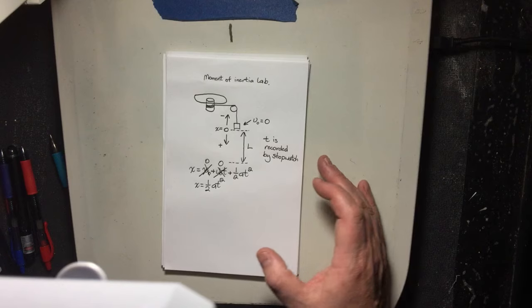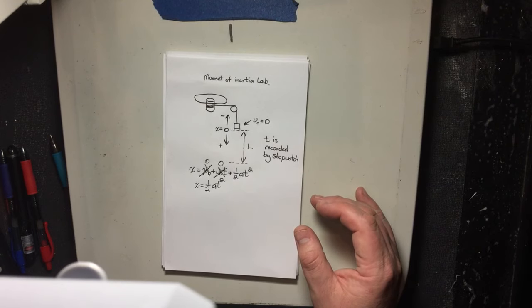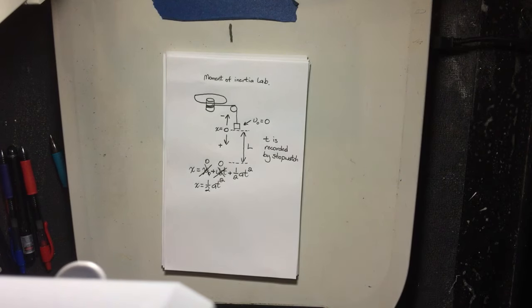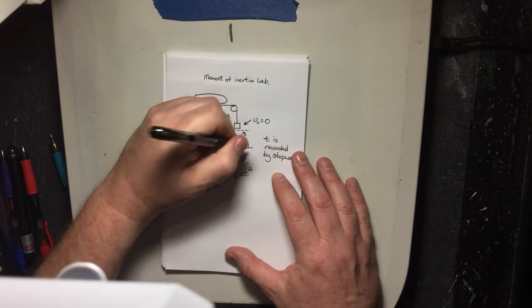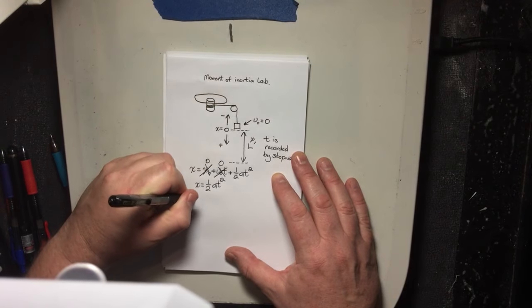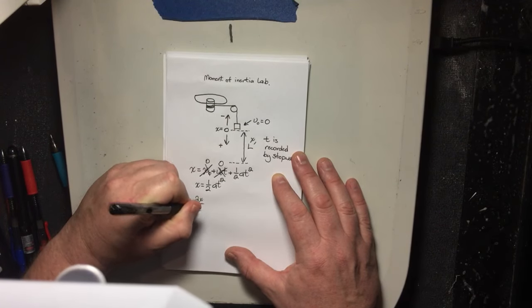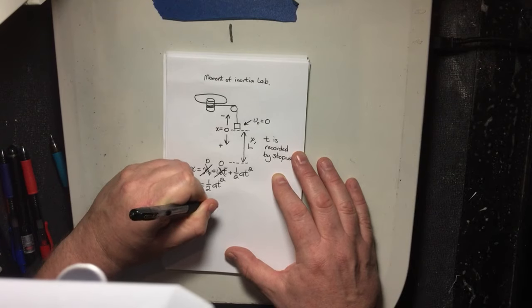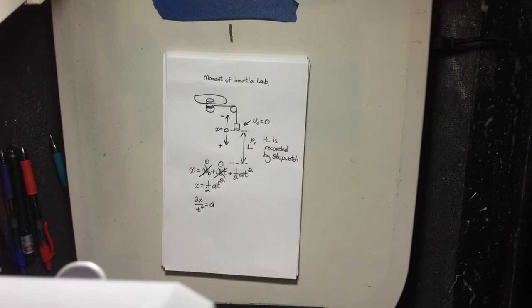The first point in the pre-lab is to determine a. You're given t, and in the lab you'll measure t, and you're given x, that's the vertical height. So what you do is 2x over t squared is equal to a. All you do is take the height that's listed.